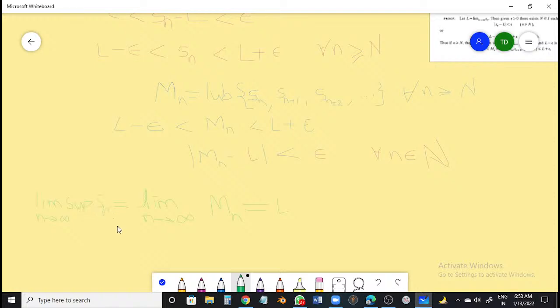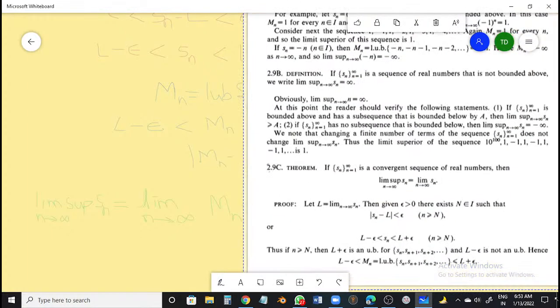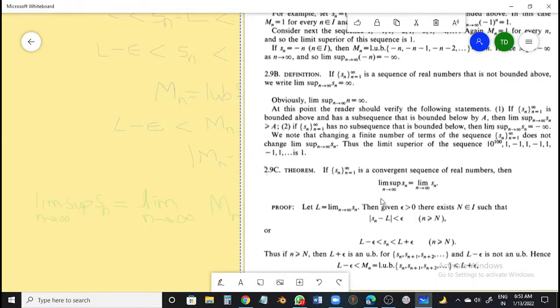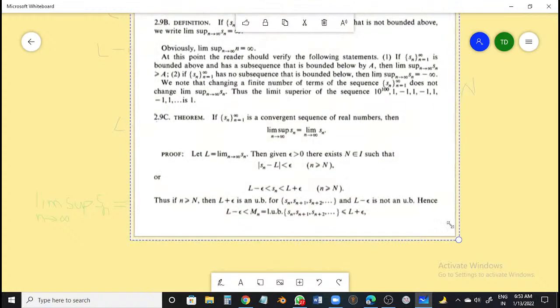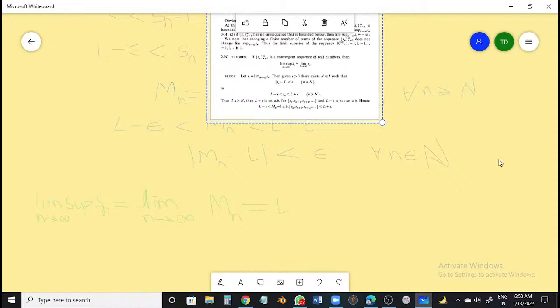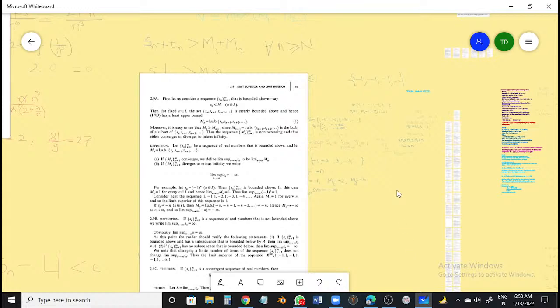So we have shown that the limit superior of Sn is the same as the limit of Mn. So limit superior itself is the limit of Sn. Limit of Mn is itself limit of Sn here that we have taken. But when it happens, if the sequence is itself convergent, then only it will have its own limit.